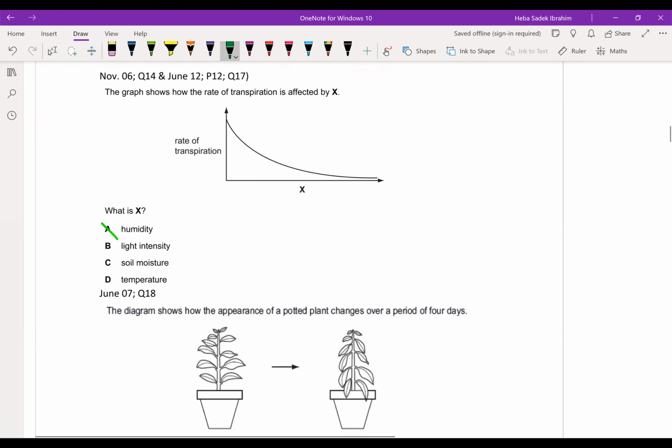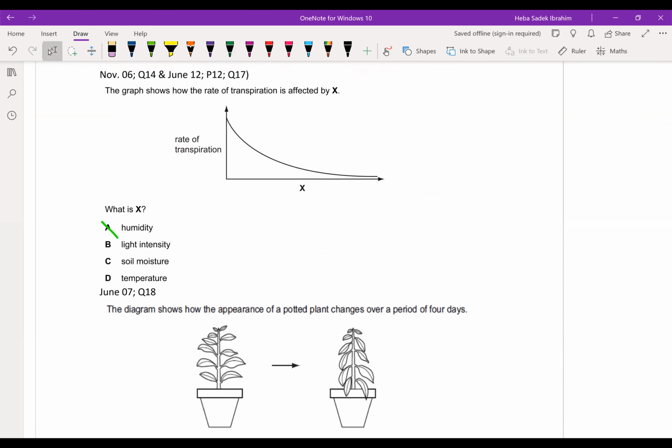The graph shows how the rate of transpiration is affected by X. طيب مين كل ما يزيد كل ما الترانسبيريشن تقل؟ الوحيد اللي عكس هو الهيوميديتي. الوحيد اللي هو when you increase it the transpiration becomes less is humidity. أمال the other three what would their graph look like? The other three would look like this. كل ما أزود اللايت كل ما أزود الترانسبيريشن، كل ما أزود temperature كل ما يزيد الترانسبيريشن، كل ما أزود الwind كل ما يزيد الترانسبيريشن.